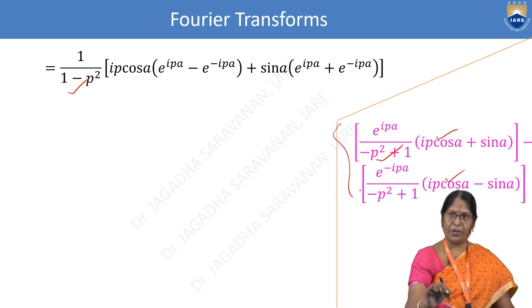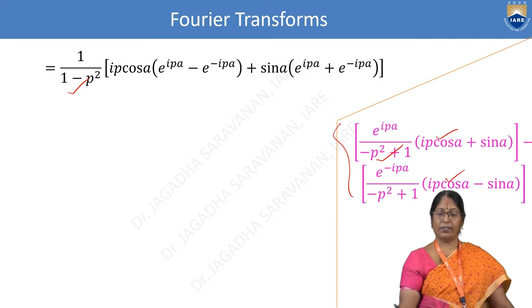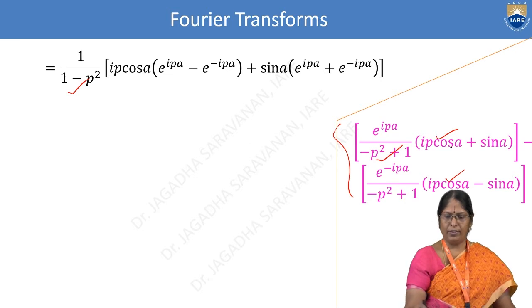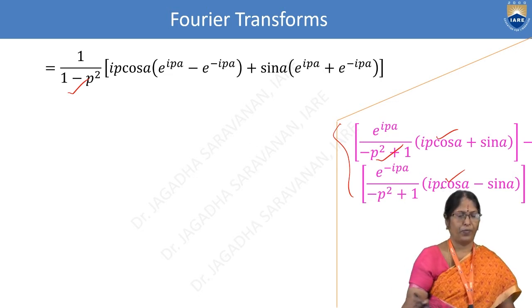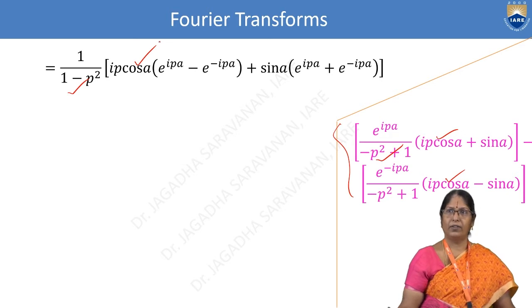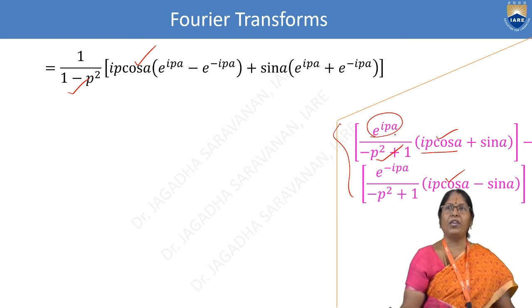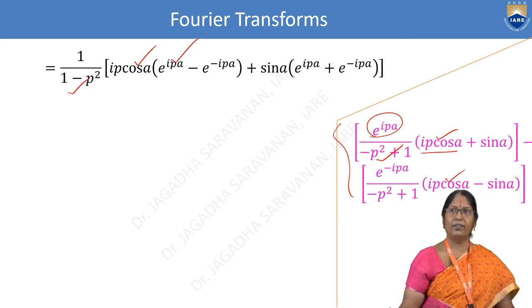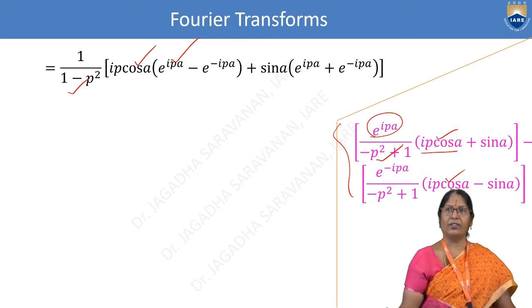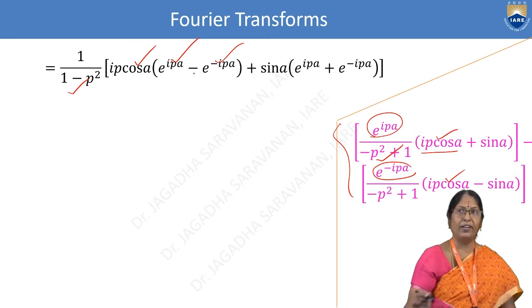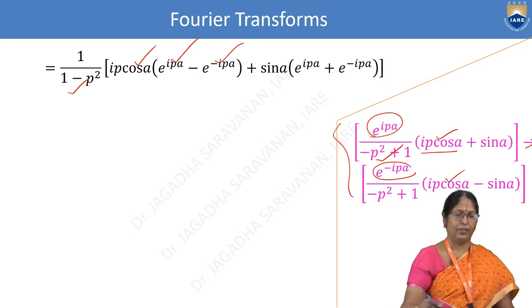This is the result from the previous slide, put here to save time instead of changing slides. Now i p cos A is common, so it has been taken out. When it comes out, this is e power i p A. The balance is written here. Then what about the minus sign? The minus is there.